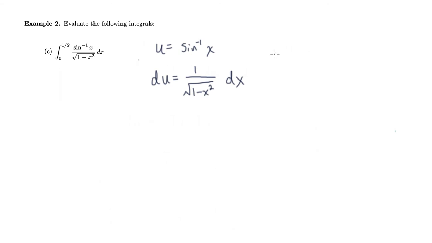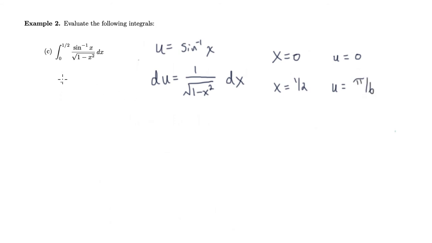When x is equal to 0, the lower limit, sine inverse of 0 is 0. So u is 0. And when x is equal to 1/2, sine inverse of 1/2, I'm looking for an angle between negative pi over 2 and pi over 2 whose sine is 1/2. That's going to be pi over 6. So u is equal to pi over 6.